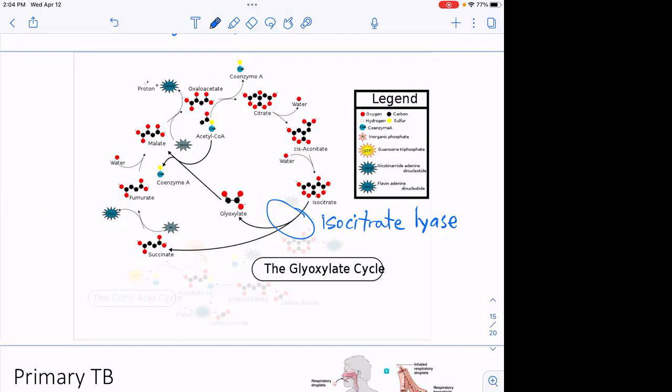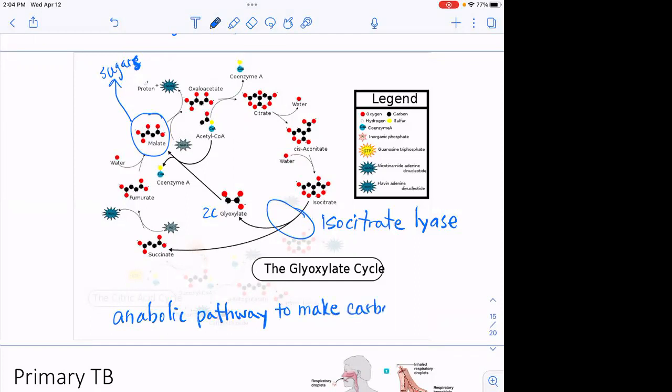And with this enzyme, they peel off this 2-carbon glyoxylate, and then they can make more malate in order to make sugars. Okay, so this is an anabolic pathway, meaning it's building molecules up, to synthesize, we'll say, carbohydrates.